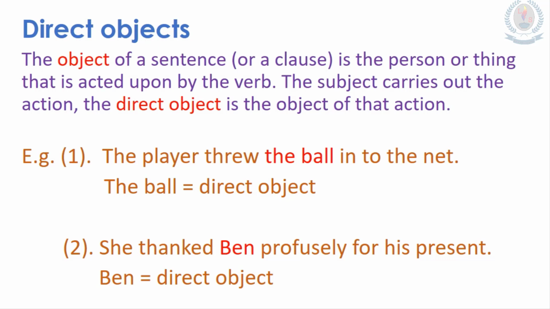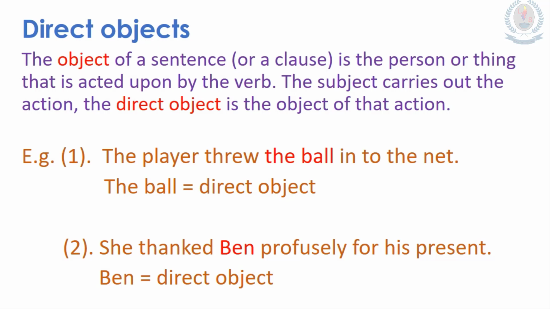Look at this example. The player threw the ball into the net. The subject is the player. What did he do? He threw. Then you should go to the verb and ask a question. Threw what? Then the verb will give us the answer.